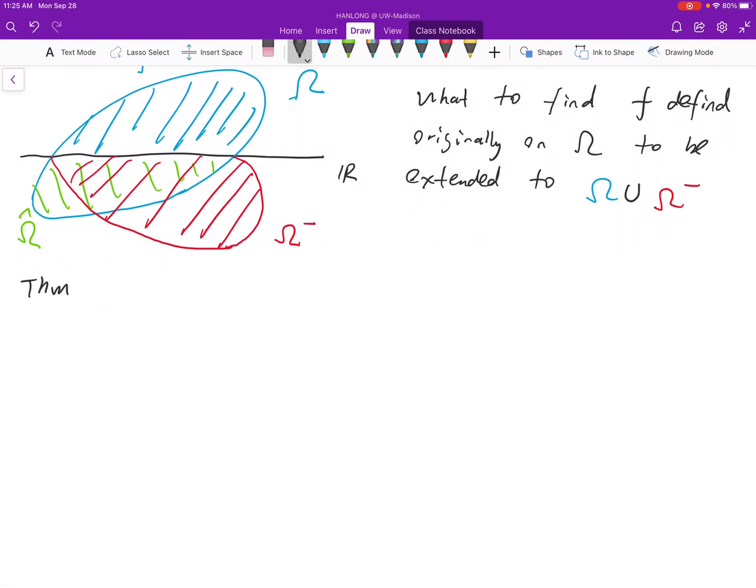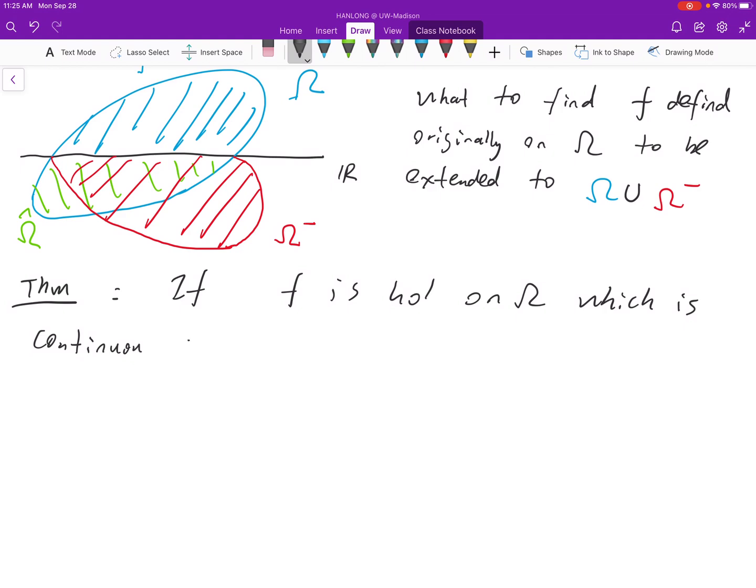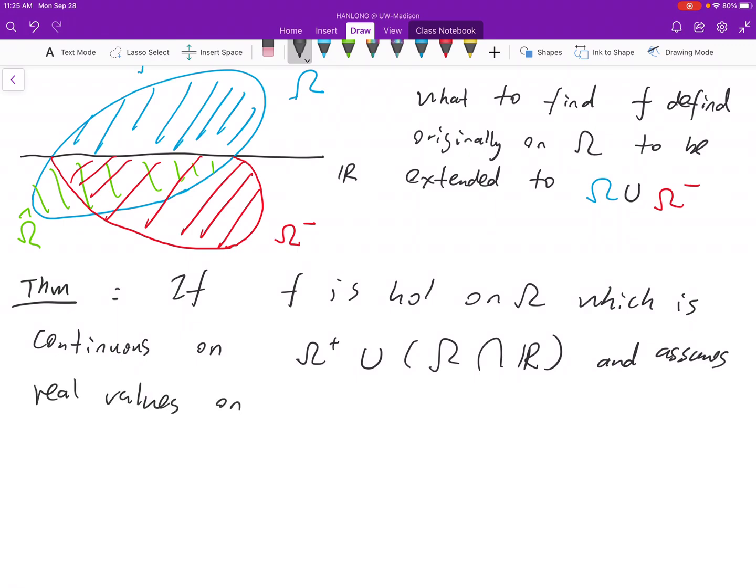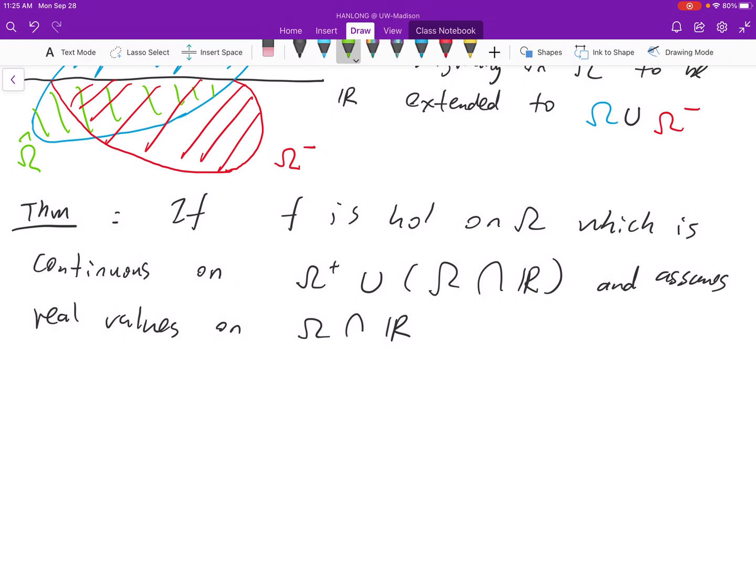So the following is the Schwarz reflection principle. If f is holomorphic on omega, continuous on omega plus union omega intersection the real number line, and assumes real values on omega intersection the real number line. So this is an additional property we need to put on f.